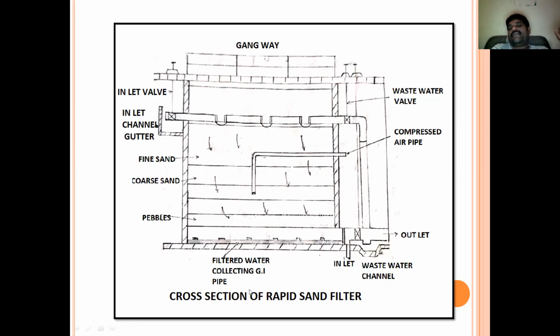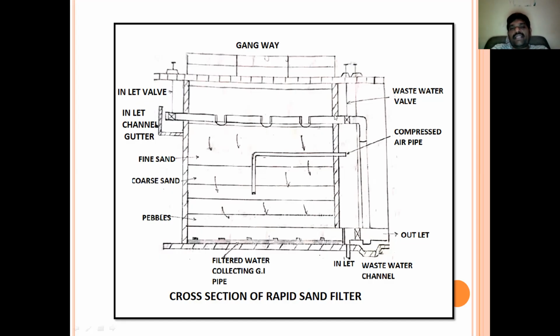It collects the water, and through this pipe, the water will be distributed for the required needs. This is a compressed air sending unit, and the water wall. See here, through here water enters and is distributed on the sand bed, and this is the wall controlling wastewater. And here also one more wall controlling.